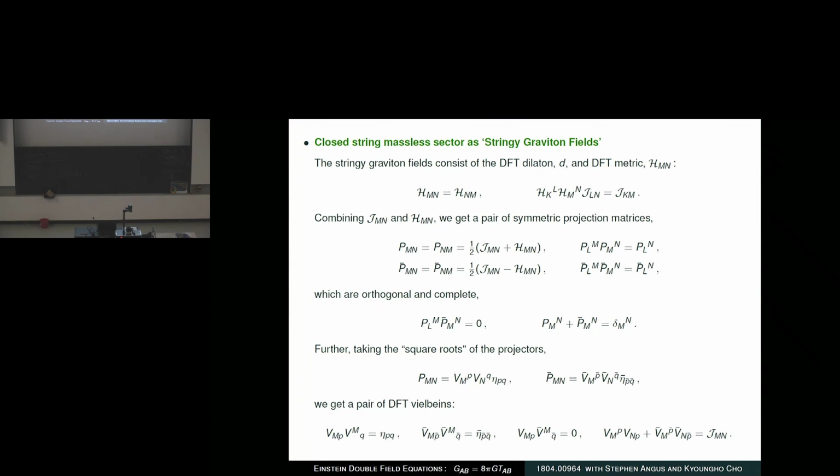So double field theory or stringy gravity works with the fields d and H in the bosonic case or the V and V bar in the vielbein formalism without referring to the Riemannian variables G, B, phi. Then one can ask what is the most general solution to these two defining properties.